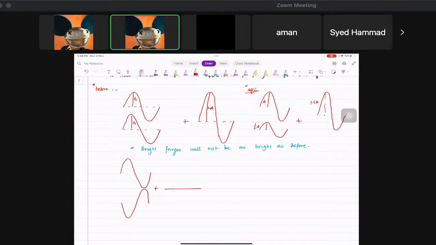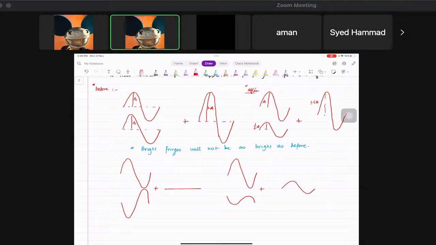But now, because the first wave is the same, but the other wave is now smaller than before, it's not the same. Because one is smaller, one is bigger, they will try to cancel out each other, but still some of it is going to be left.